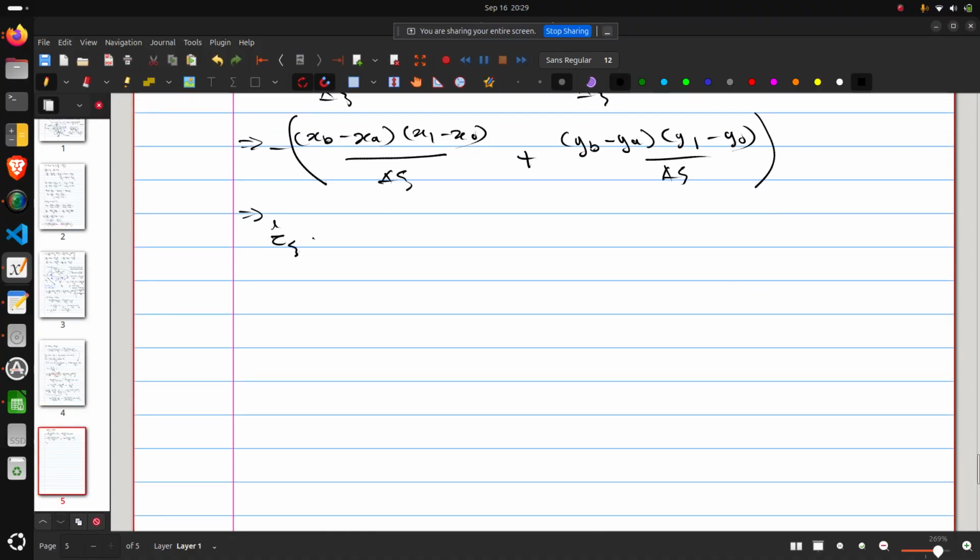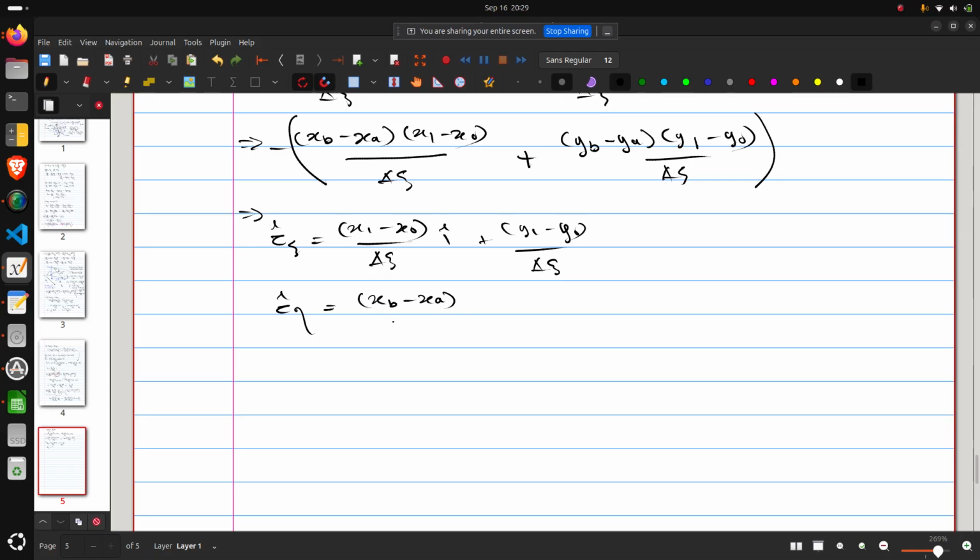So E cap psi is x1 minus x naught by delta psi, and E cap eta was xb minus xa, yb minus ya by delta eta.